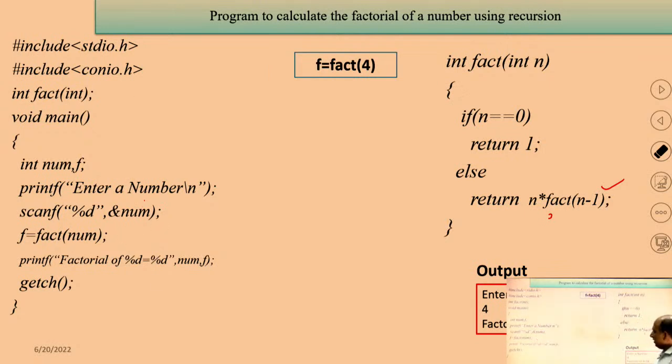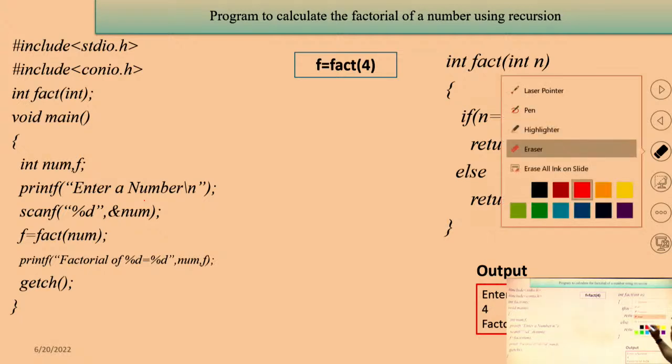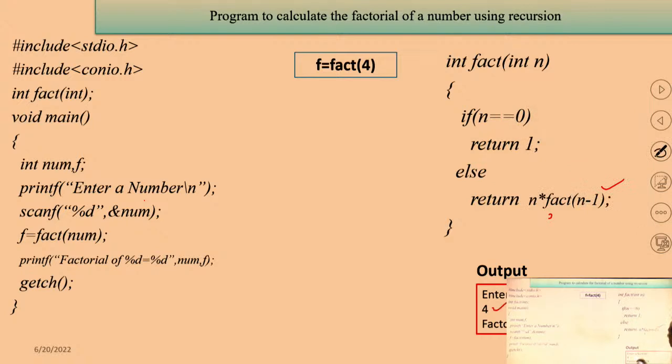Whenever we have entered the number 4 as input, 4 is the value of num, and we are calling fact(num), meaning fact(4) will be called, and control will jump over here.